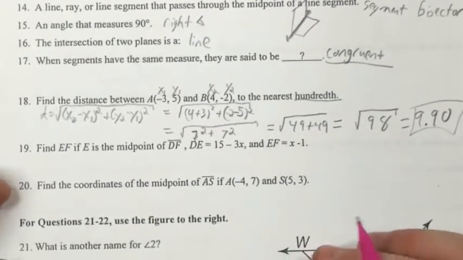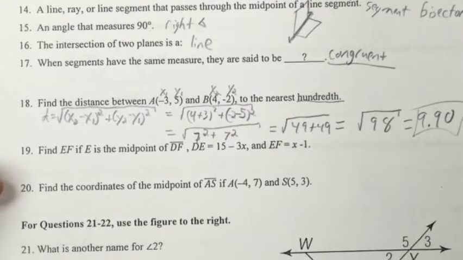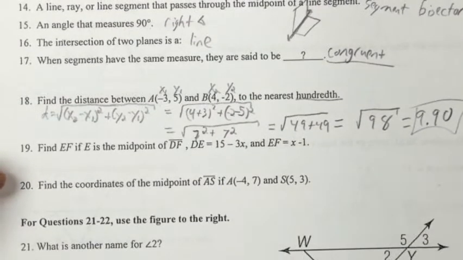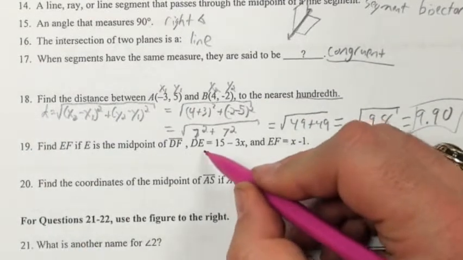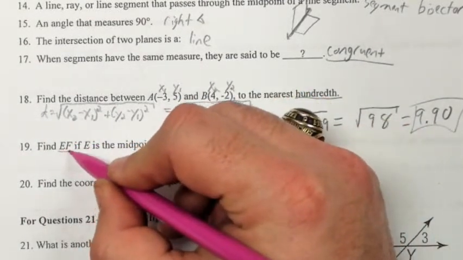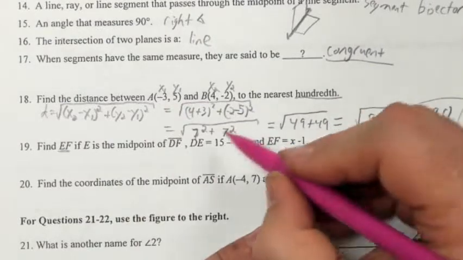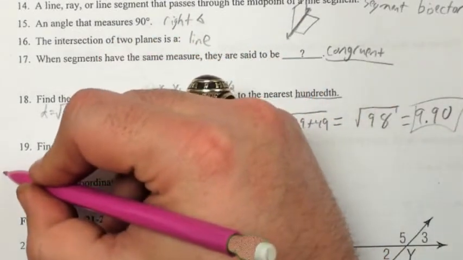Number 19, find EF if E is the midpoint of DF. Now EF, remember, is the distance from E to F. So let's go ahead and draw this.